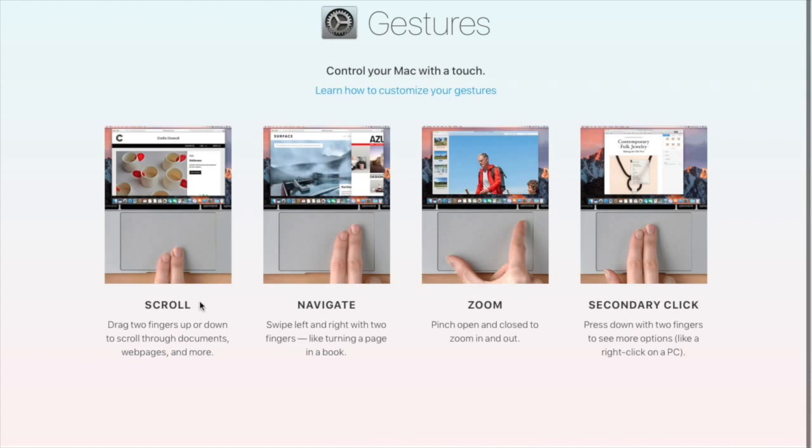If you notice this, there's a two-finger scroll option where you can scroll through web pages using two fingers. Then if you want to navigate, use two fingers left and right to move through pages. There are a lot of gesture controls available, and it is application dependent.